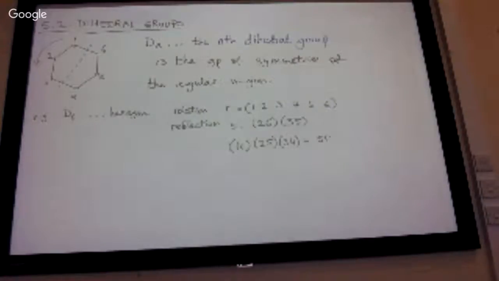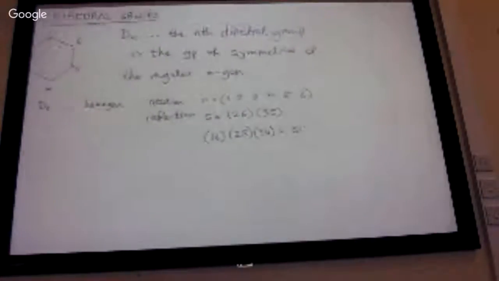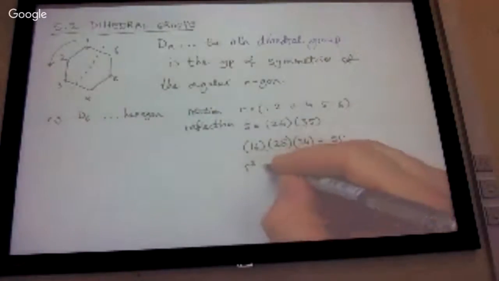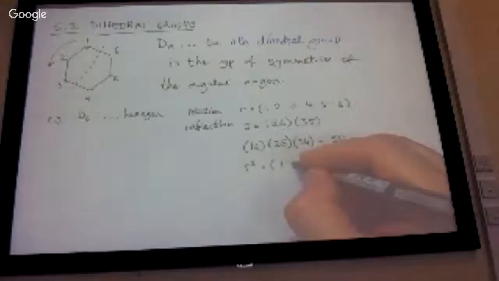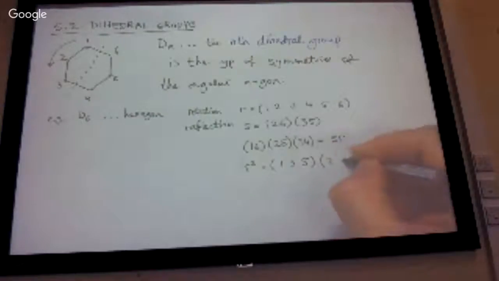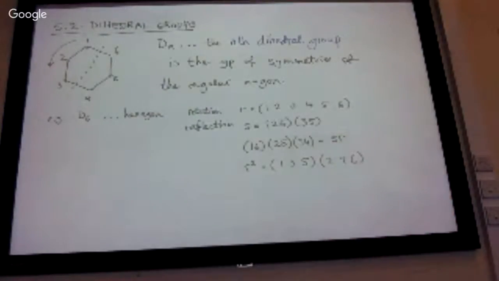What else can you do? So you can do many things. You can turn it. So all the rotations, it's just not this one, but you can rotate by, well, this one was 60 degrees. You can do 120 degrees. So that's just r squared. And that's going to be 1, 3, 5, 2, 4, 6, I believe.